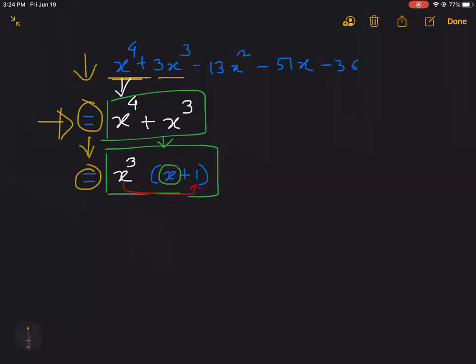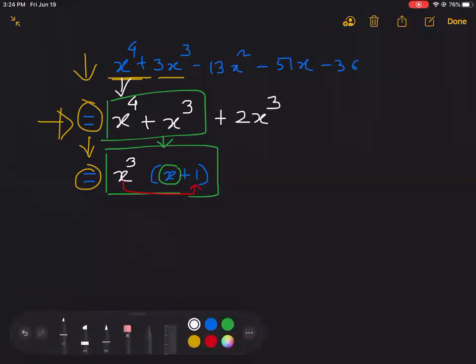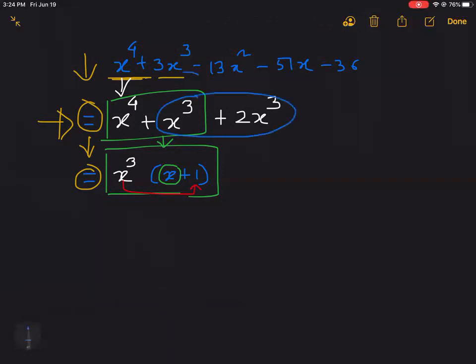We are not really adding or subtracting anything from the entire value, right? We're keeping the value intact. So I'll add a plus 2x cubed. Now, these two combined give me 3x cubed, right? So I'm not really doing any harm to the entire function. Anyway, so I'm going to remove this because otherwise this will create confusion.